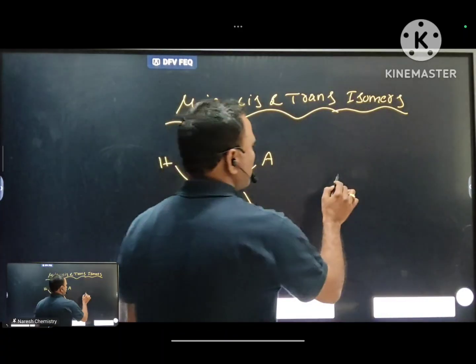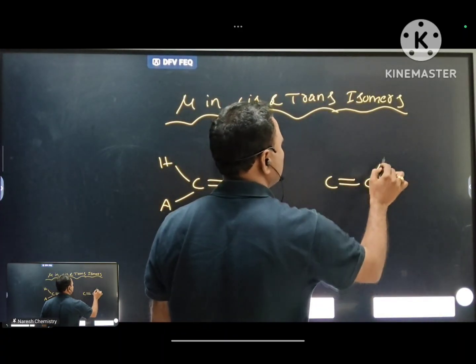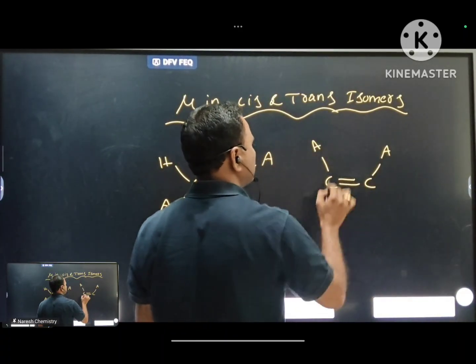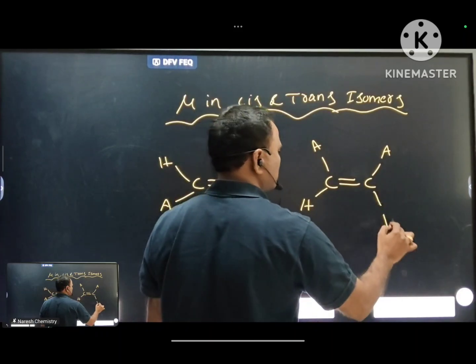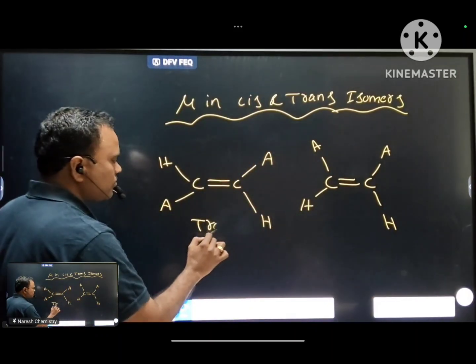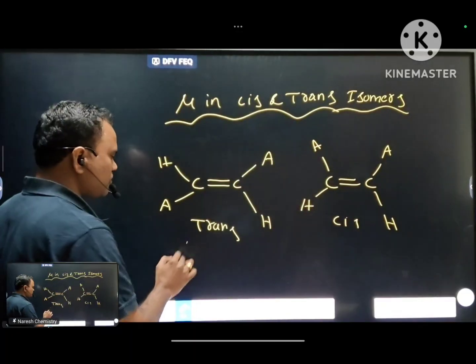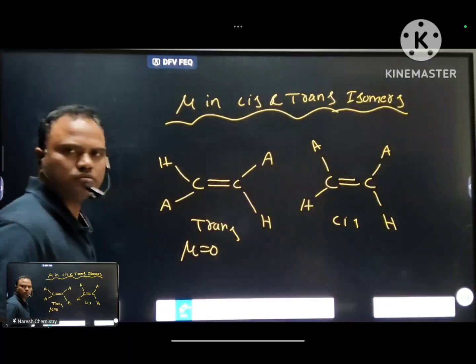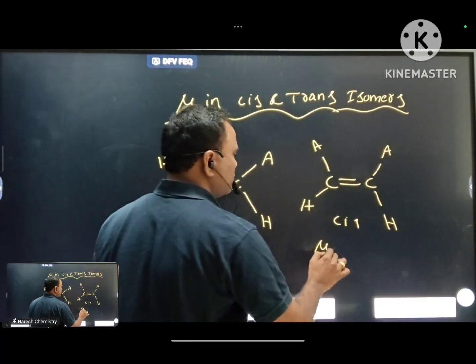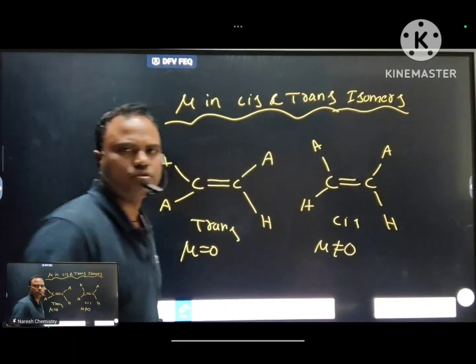Mu is equal to 0 for trans. This is trans compound. This is cis compound. Trans compound dipole moment mu is equal to 0. Cis compound dipole moment is not equal to 0.